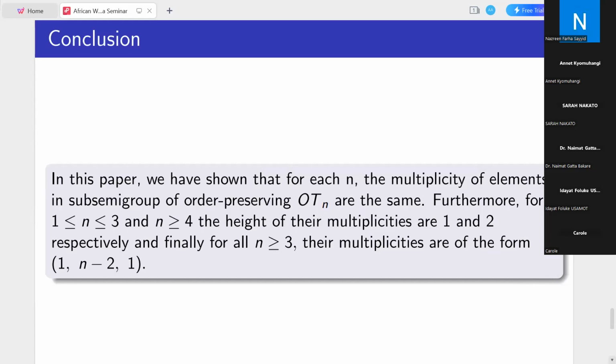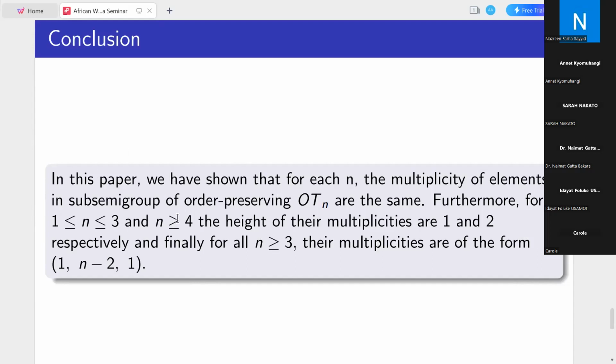So for each value of n, they always have the same multiplicity. And we equally looked at the order of their multiplicity, which is 2. The order of the multiplicity for the value of n from 1 to 3 is always 1. Our example has equally validated that.